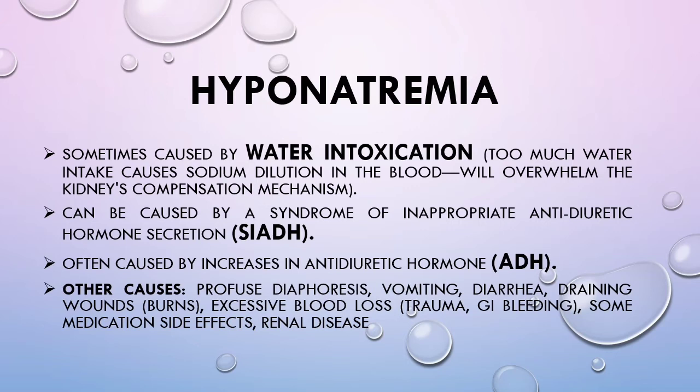It can also be caused by the syndrome of inappropriate antidiuretic hormone secretion, or SIADH, but it is often caused by increases in antidiuretic hormone, or ADH. Other causes include profuse diaphoresis, vomiting, diarrhea, draining wounds, excessive blood loss due to trauma or GI bleeding, some medication side effects, and renal disease.